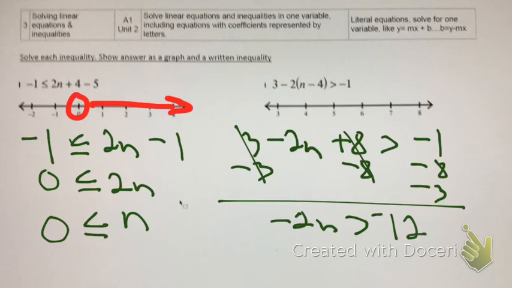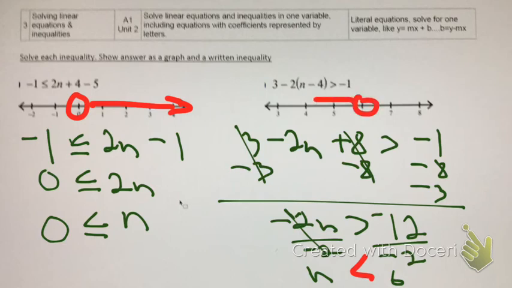Okay, here's that case where I'm going to divide by negative 2, and I'm going to flip the inequality sign. And that means that I've got n is less than 6. That means on a graph, there's my 6, less than. And if you spotted my error, I forgot it on the last problem: greater than or equal to, closed circle. Almost forgot to fill in that circle.